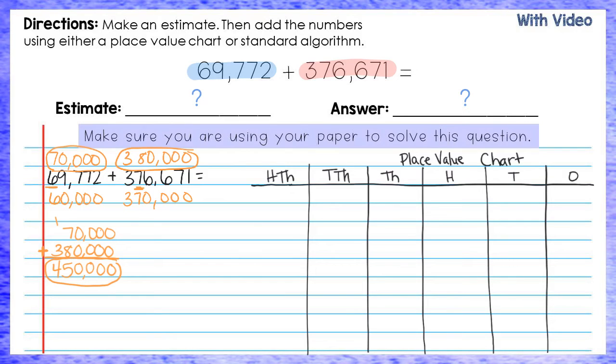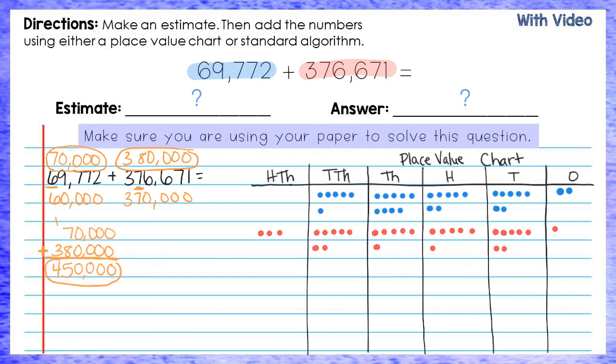Let's start in the ones place. We have 2 ones, 7 tens, 7 hundreds, 9 thousands, and 6 10,000s. Then we're adding 1 one, 7 tens, 6 hundreds, 6 thousands, 7 10,000s, and 3 100,000s.